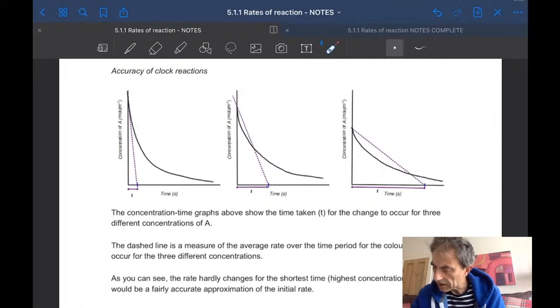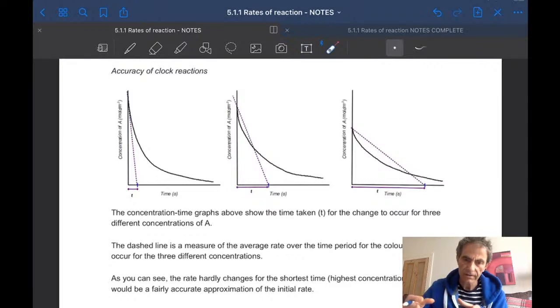Right, as the time gets longer, the average rate over that time period, that's what we're using as our measure of initial rate. But look at the curve, the gradient's changing. Okay, so that's not as accurate a measure of the initial rate, because the rate is changing ever so slightly over the course of that time period.